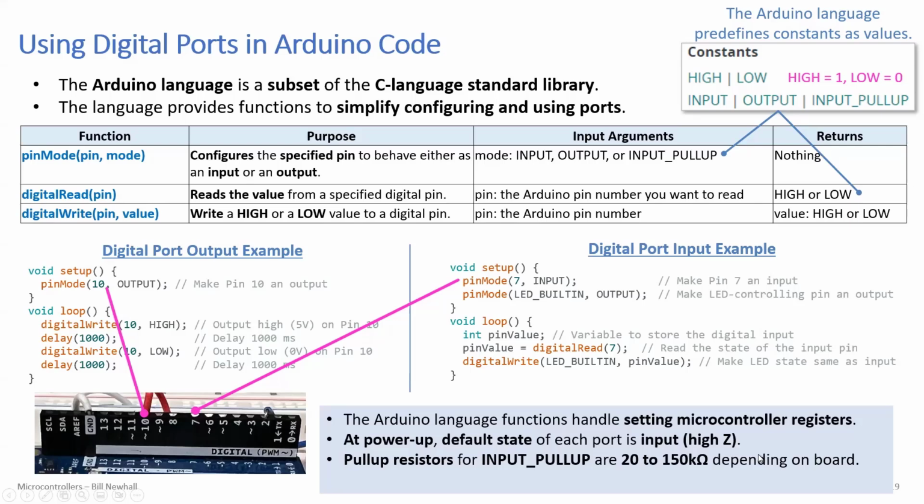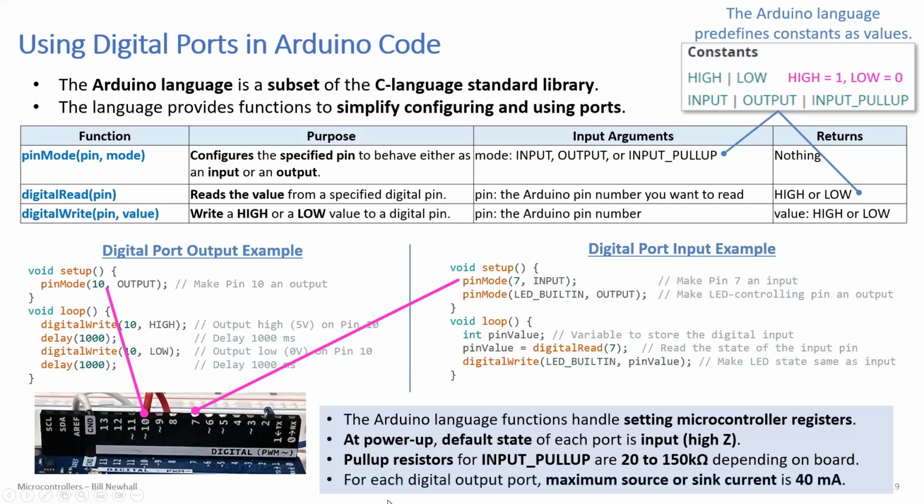What that lets you do, if you remember when we talked about switches in a previous lecture, is that one way to interface a switch, like a push button, to a microcontroller so you can read the state of the switch, is to have the switch connected between a pull-up resistor and ground. So when you press the switch and close it, the pull-up resistor holds the voltage high until you close the switch, and then the voltage goes low. Instead of using an external resistor, you can use an internal resistor in the microcontroller. This will internally be pulled up, so it saves you some space in your circuit.